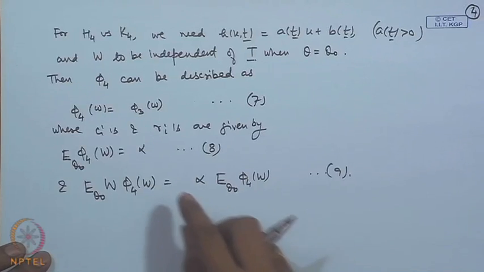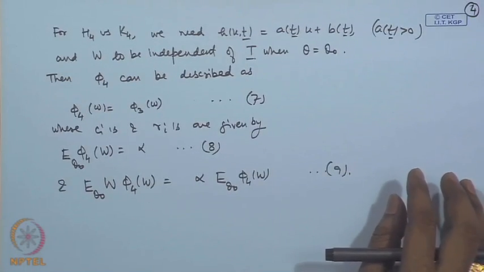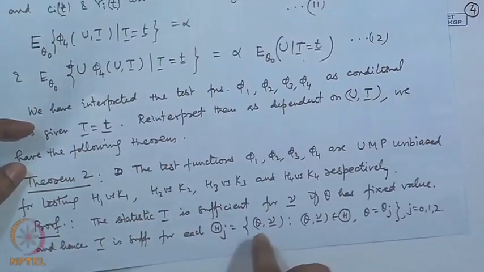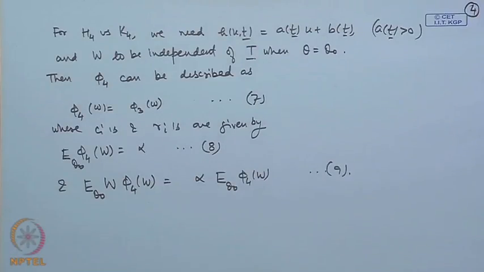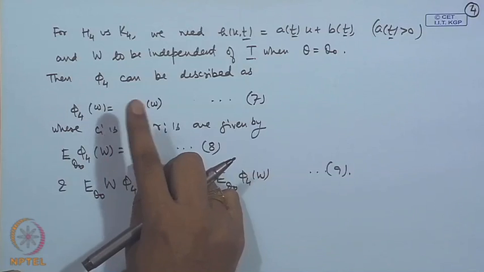So, note here, unlike theorem 2 which I gave yesterday, where all the constants were depending upon t, that is they were calculated from the conditional distribution of u given t, here you see that none of them is dependent upon t.